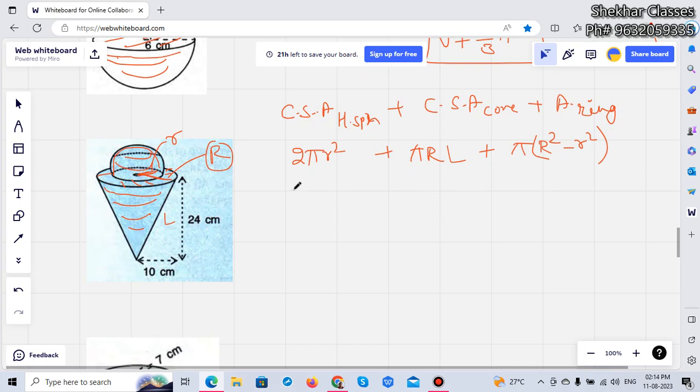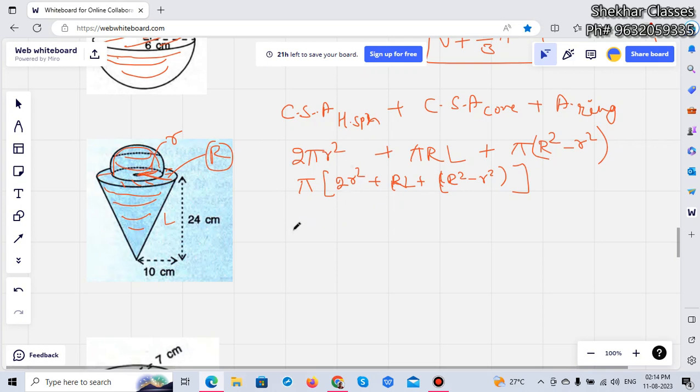You can take common in it. Only pi is common. Whatever is left over is 2r square plus R l plus R square minus r square. This is the reduced form. You can further reduce it if you can and substitute the value, and you will get the answer. Is that clear? This is for the surface area.